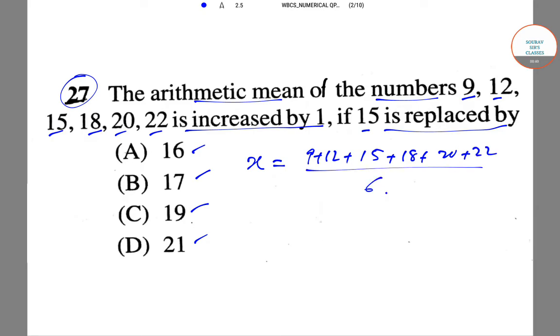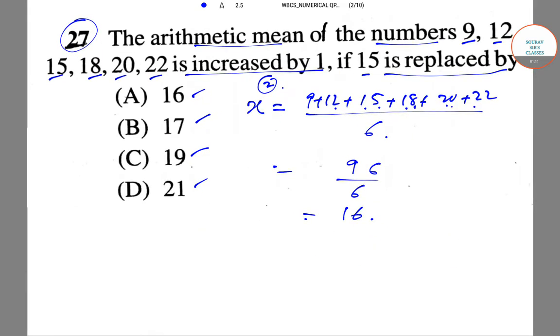So let us find out the value. 9 plus 12 is 21, then 15 makes 36, 18 makes 54, 20 makes 74, and 22 makes 96. So we have 96 by 6, which is equal to 16. So the original arithmetic mean is equal to 16.